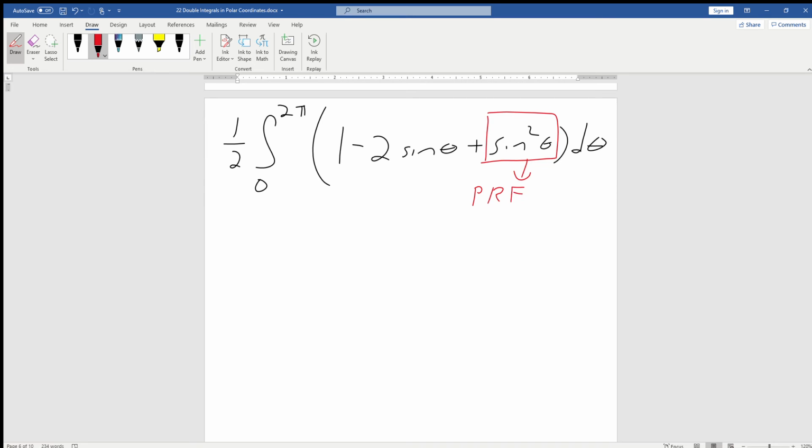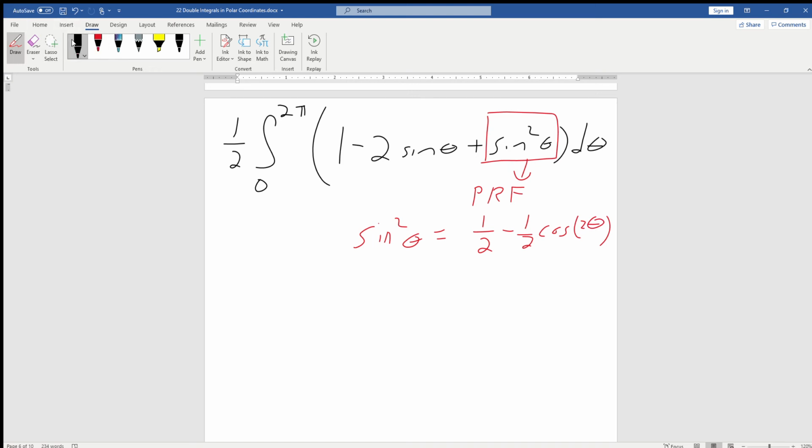You may remember the power reducing formula is 1/2 minus 1/2 cos of 2 theta. That means sine squared of theta is always equal to 1/2 minus 1/2 cos of 2 theta. Try to get used to utilizing these trig reduction formulas. You probably remember seeing it from Calculus 2, but if not, there is a reminder.